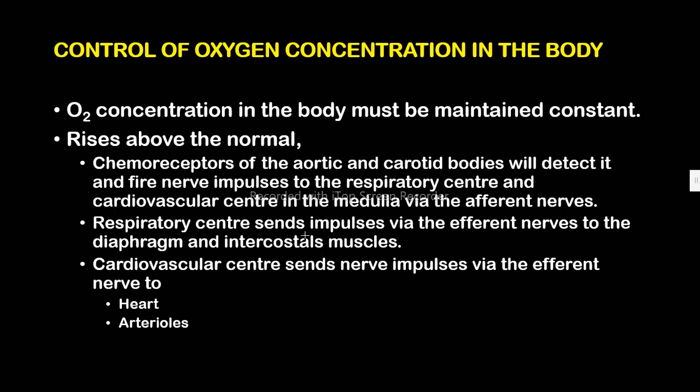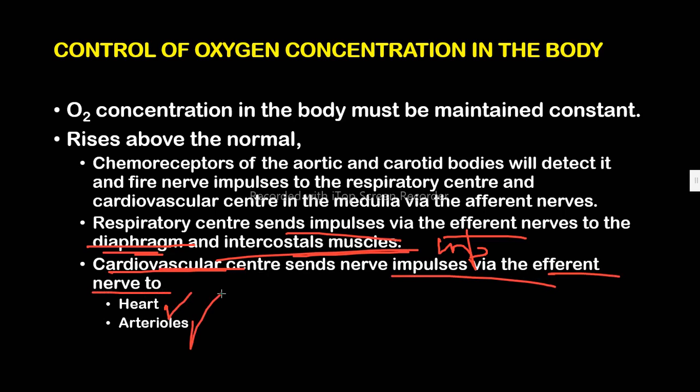Then the respiratory center sends impulses via the efferent nerves to the diaphragm. We saw that this is the phrenic nerve. And then the intercostal muscles, we saw that this is the intercostal nerve, where they will contract to bring about inspiration. Then the cardiovascular center will send the same impulse via the efferent nerve to the heart and arterioles, whereby in the heart you increase the heart rate, the rate at which the heart pumps.